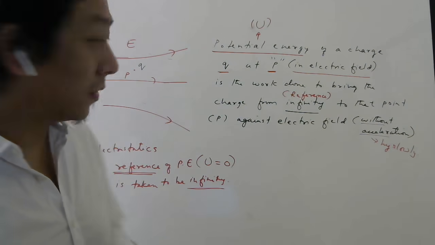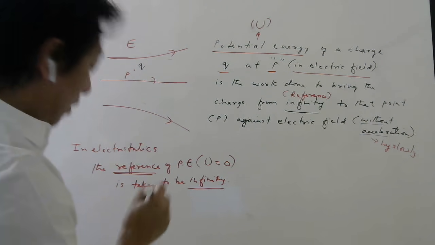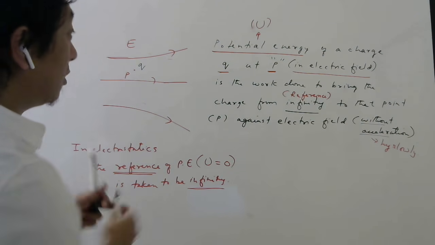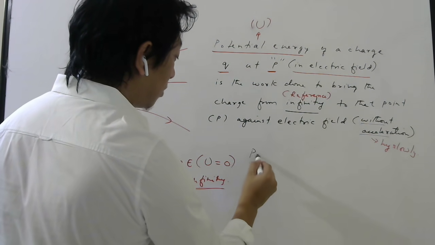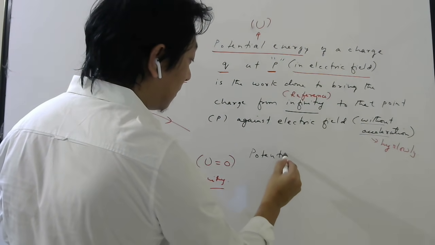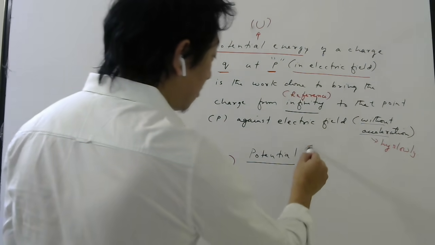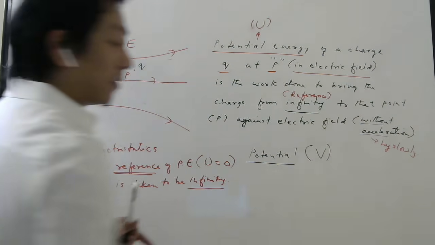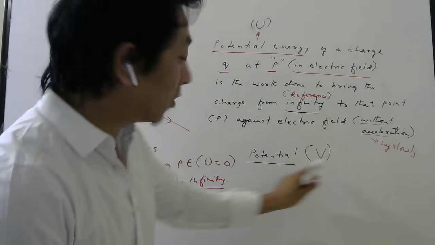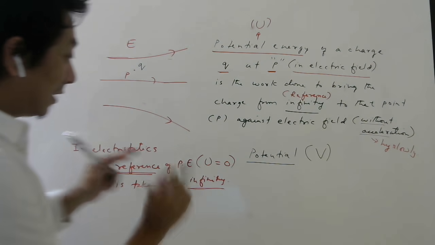Now there is another concept. This was potential energy. There is another concept called potential, and for this we write the symbol V. So how do you define this word potential? Listen carefully.